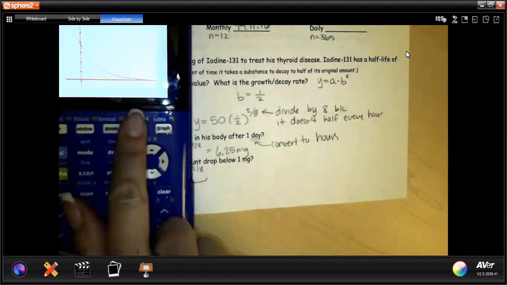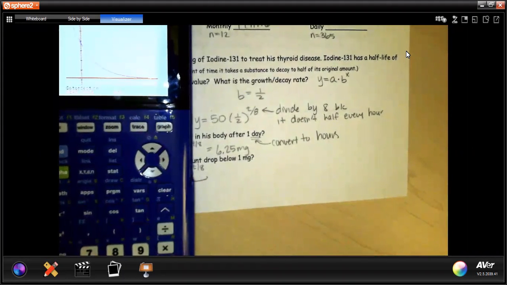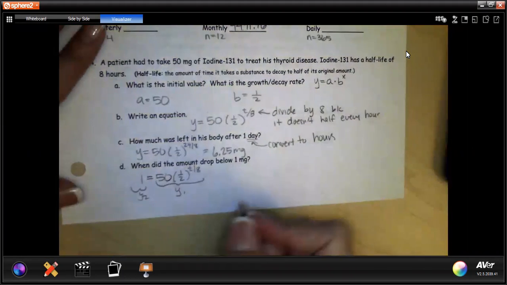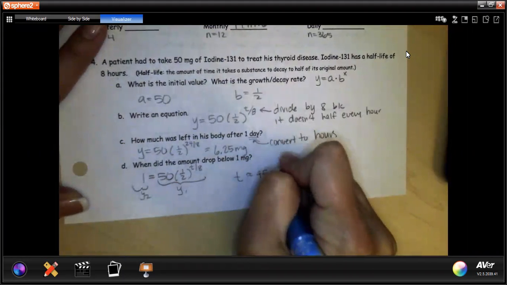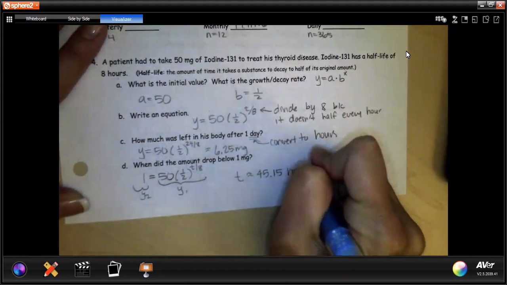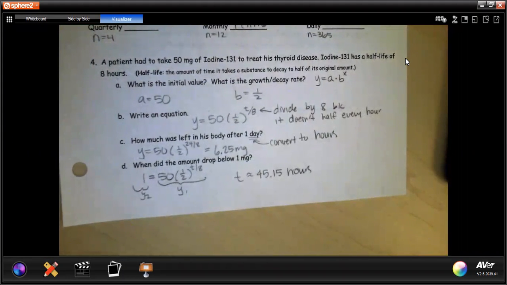So we hit second trace intersect, enter, enter, enter, and there it is at 45.15. Time is continuous, so we do want to leave a decimal for that. So approximately 45.15 hours is when the iodine is going to be in his body at more than 1 milligram.